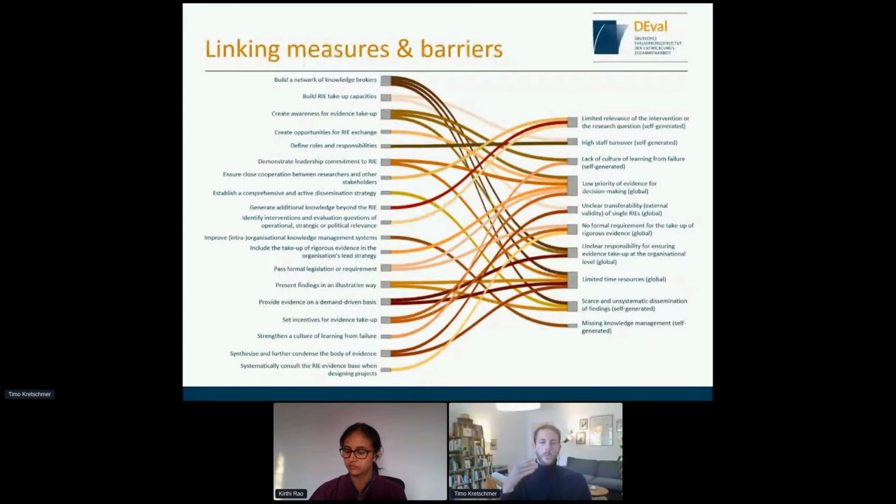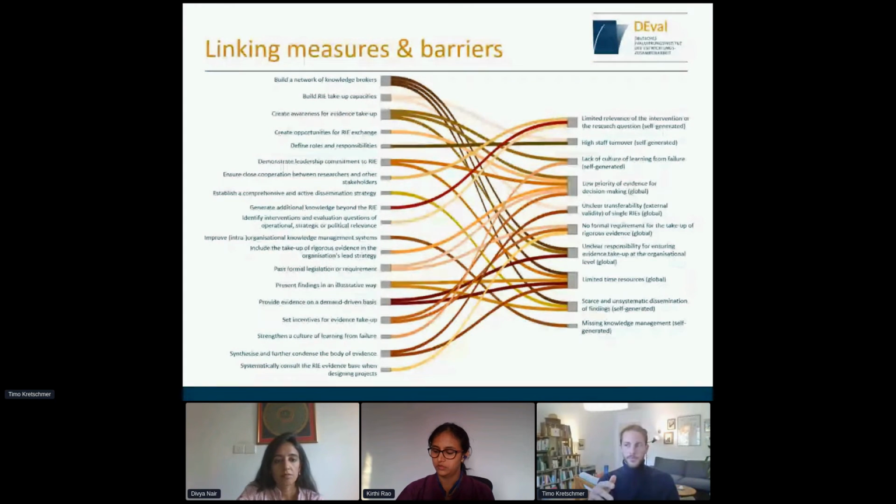What I just want to tell you is that one measure might address multiple barriers, and vice versa. One barrier can be addressed by multiple measures.